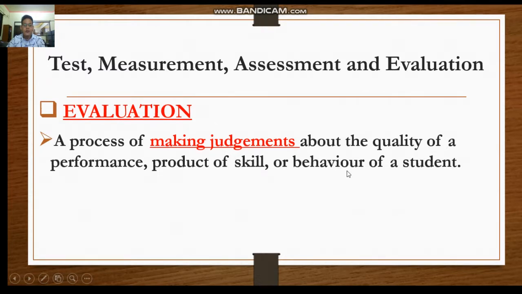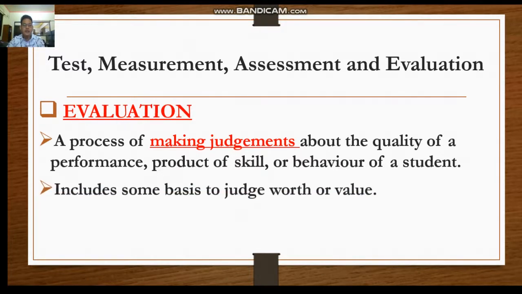So when we make a judgment based on the assessment that we made to our students, that is already evaluation of student learning. It includes some basis to judge worth or value.